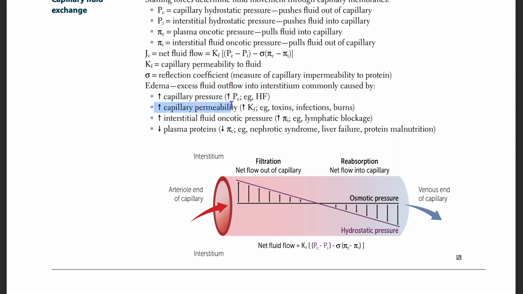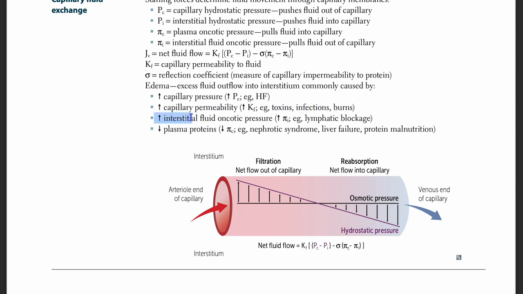Also an increase in capillary permeability, so an increase in Kf. For example, toxins, infection, and burns can do that. Infection increases neutrophils, and neutrophils cause permeability to increase, so there can be transmigration as well.